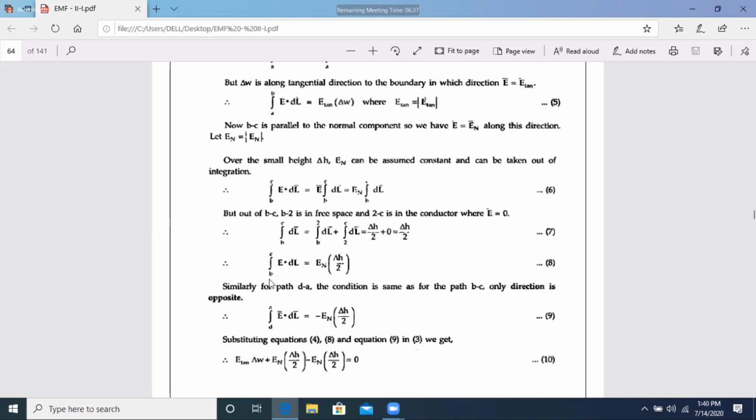So C to B, or B to C, equals En delta H over 2. And A to B equals minus En delta H over 2.